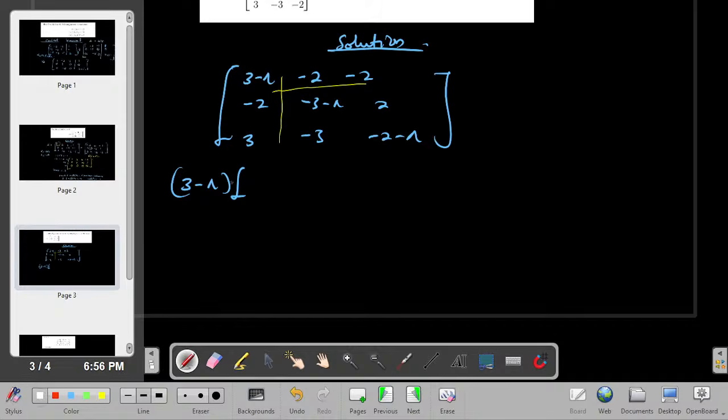So that will give me, let me use a different color code. I'll have negative 3 minus lambda in one bracket, multiplying negative 2 minus lambda in another bracket, then minus negative 3 times 2, right? That will become positive 6, in the bracket of 3 minus lambda, like this.